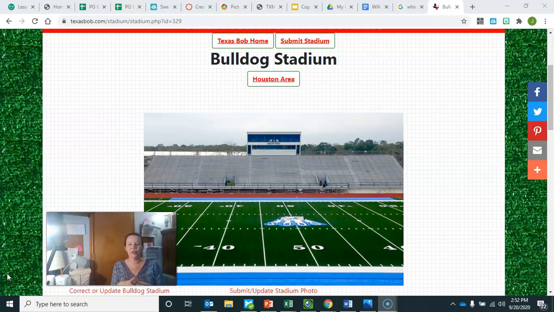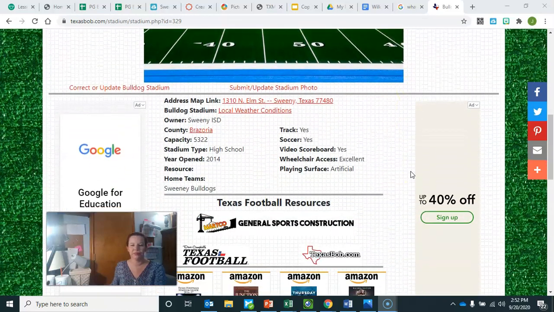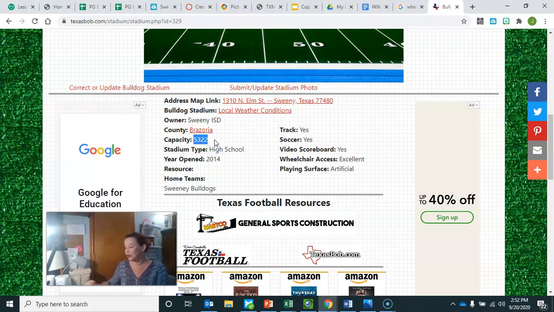So we are going to look at different stadiums and see how many seats they hold. And we're going to look at our hometown stadium right here. So Bulldog Stadium. Let's see how many seats they hold. And it says it holds 5,322 seats.